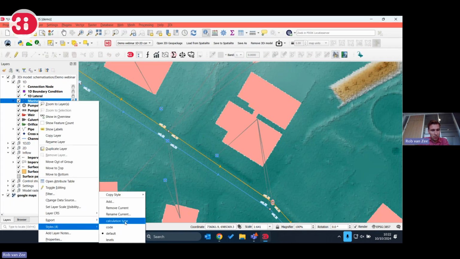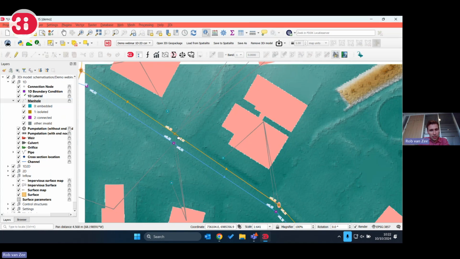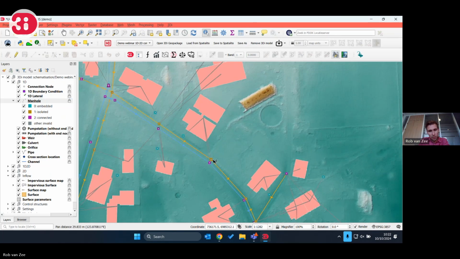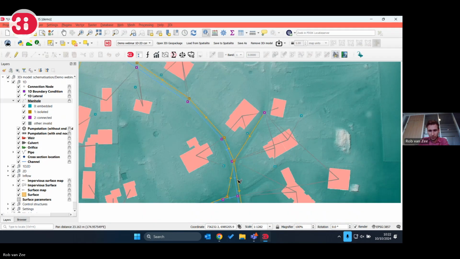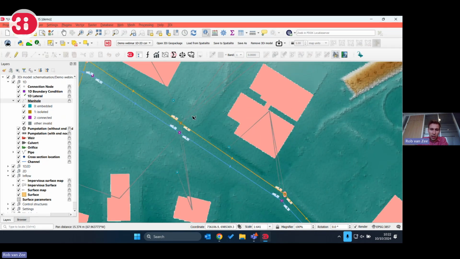So if we choose calculation type, check it out. Here you can see that all these manholes are put on isolated. So what's happening when it's raining a lot?